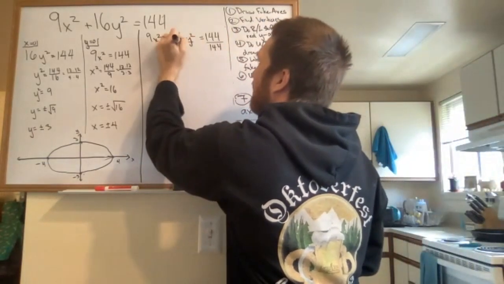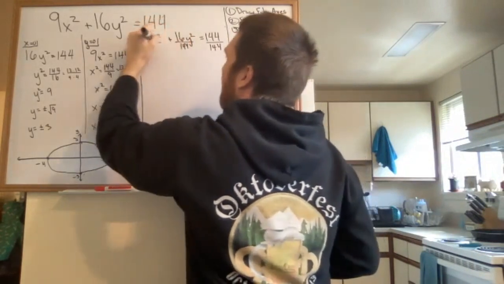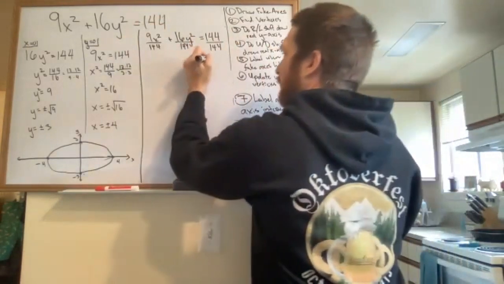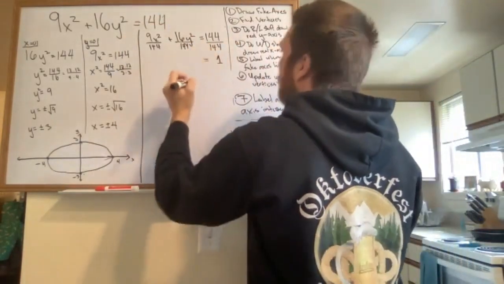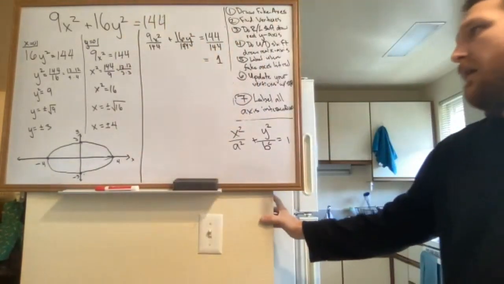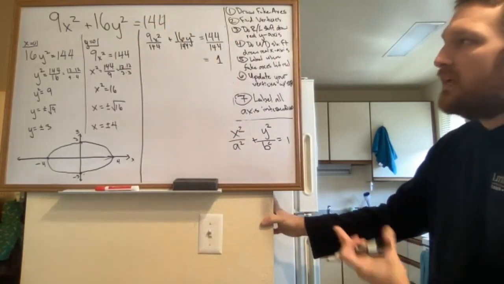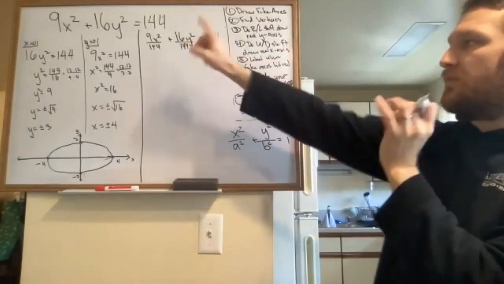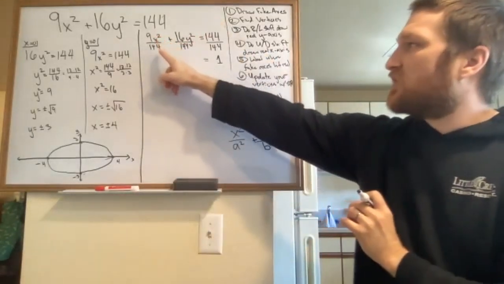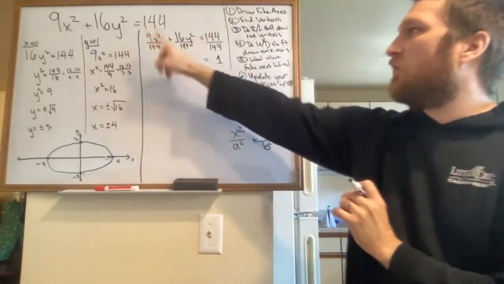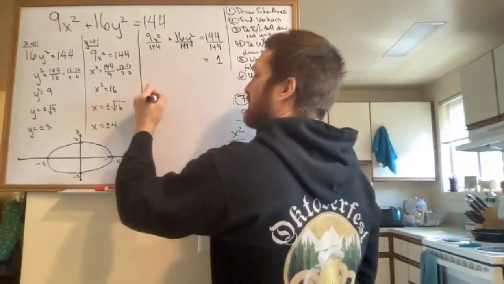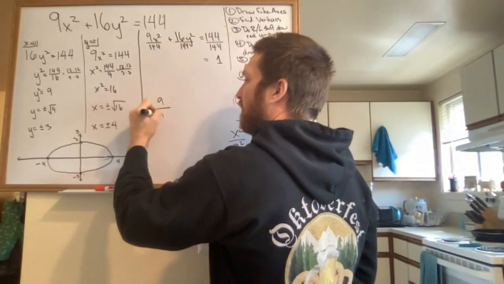I'm going to do that here, here, and here. Now at this point there's a bunch of ways I could do this. In fact, I'm going to do this 2 different ways. With this x squared and the 9 and the 144, I could just reduce that and say 9 over 144.